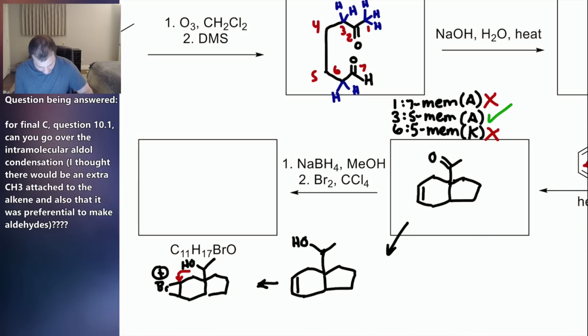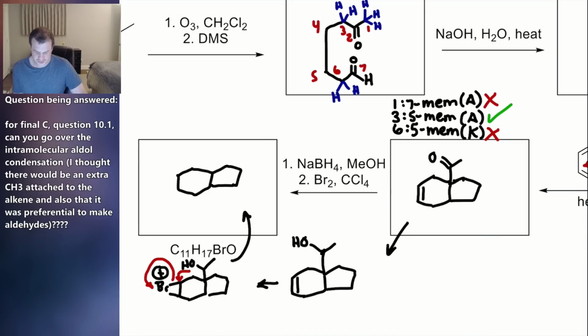So the oxygen is going to attack, open up the bromonium, and that's going to create the bridged bicycle. So this is very similar to one of the problems on problem set 4, I think it's like 2I or something like that. And so that's going to give us this product here, a bridged bicycle.